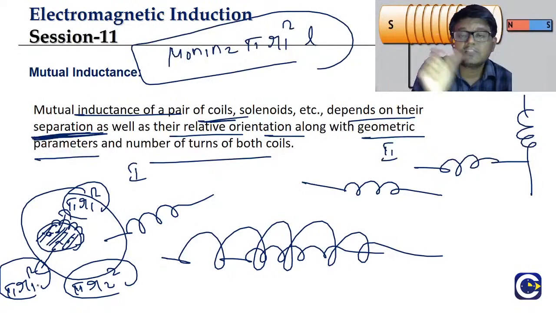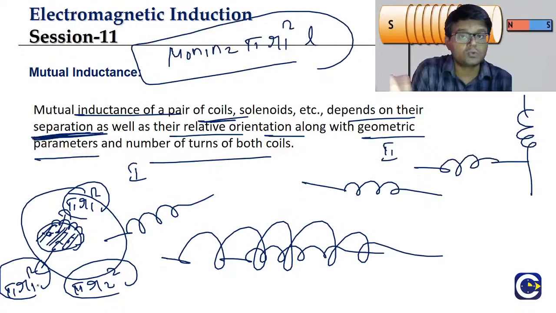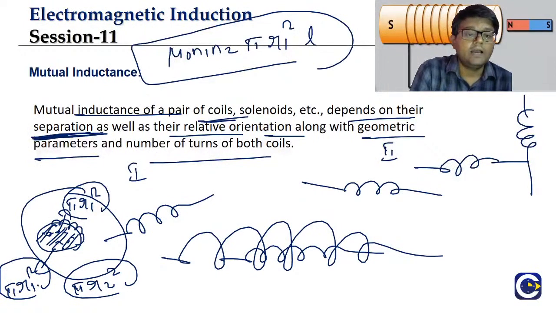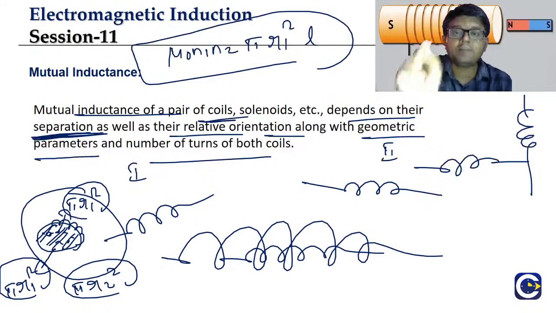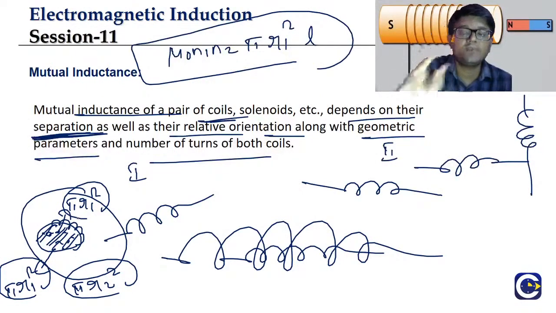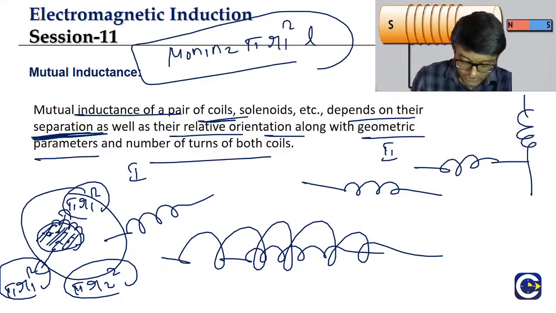That is why in the flux formula we do not multiply by the total area of the outer coil. The magnetic field is only present in the region of pi into R1 square area, so we multiply the magnetic field with pi into R1 square. Clear?